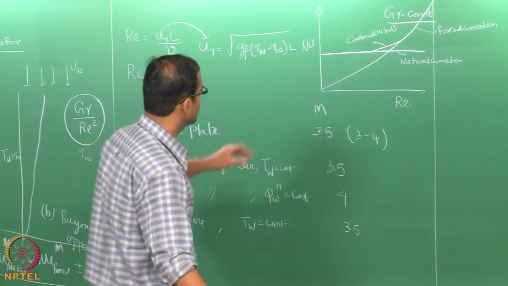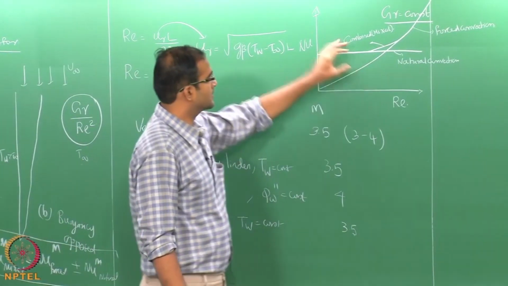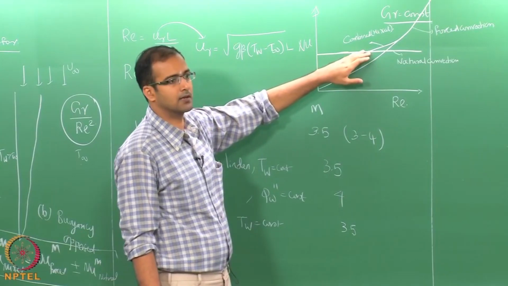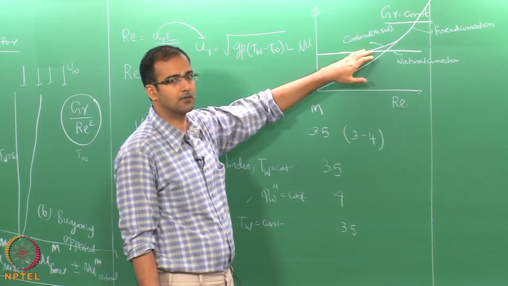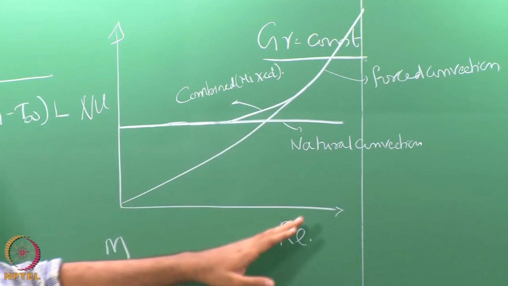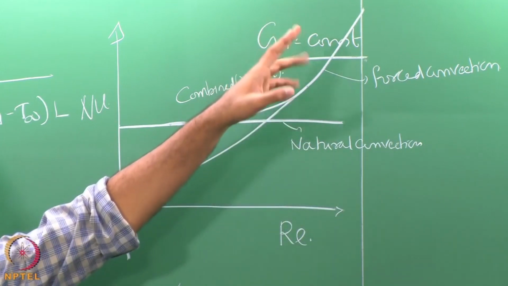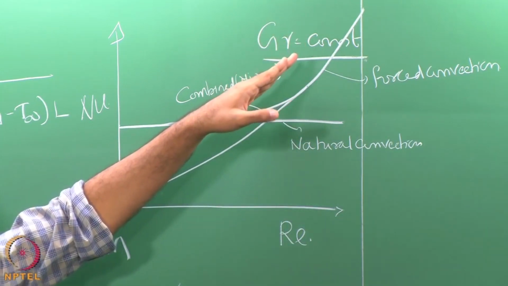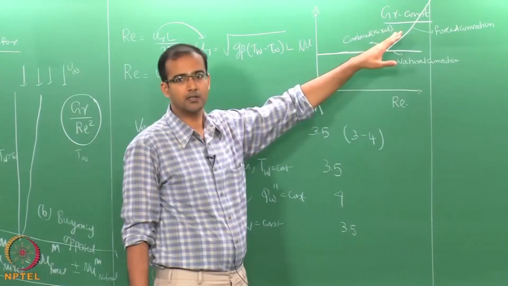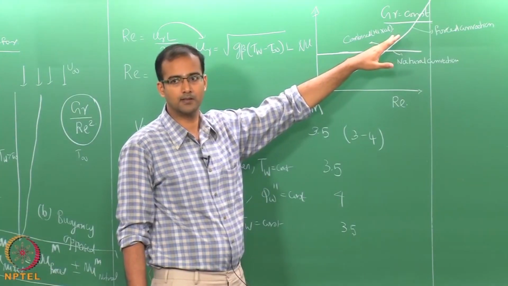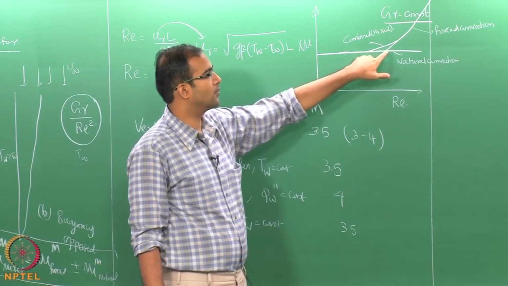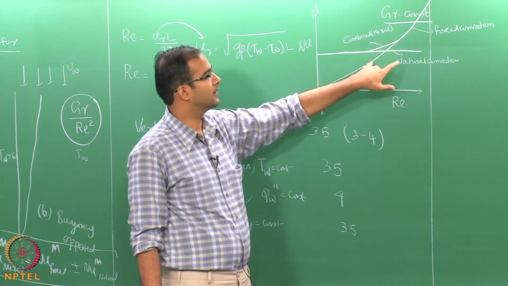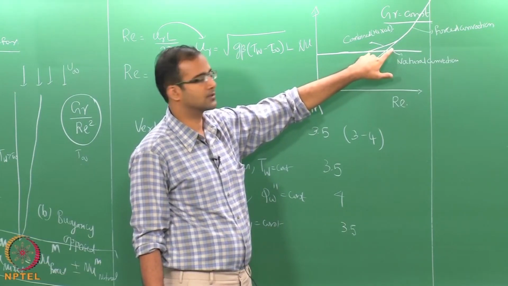So, initially at low Reynolds number, you have only natural convection governing the value of Nusselt number. At very high Reynolds number, it is only forced convection governing it, and in between, where the ratio of Gr by Re square is of the order of 1, you have both forced convection as well as natural convection.